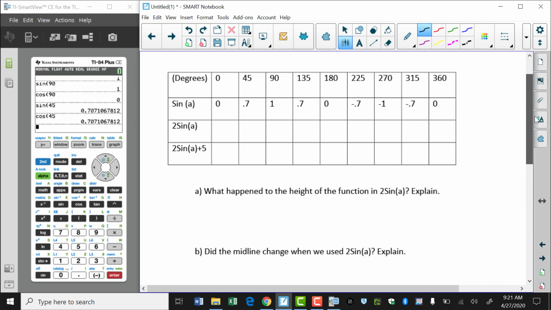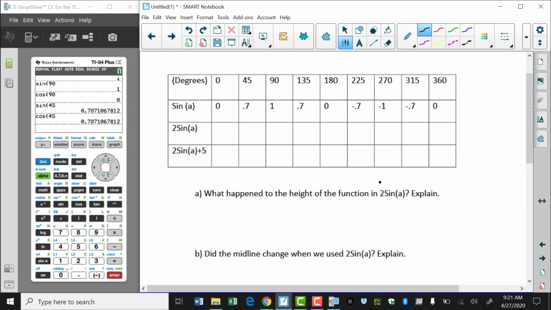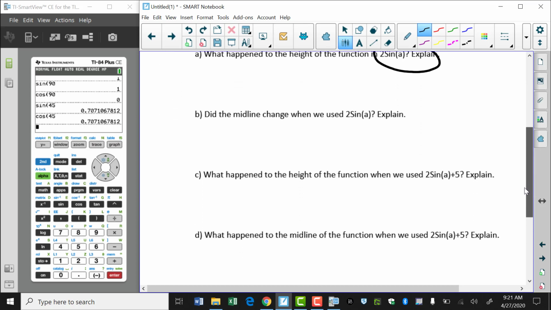And here you just have some questions, which is what happens to the height when you do this? Well, when you multiply it by 2, the height of this function is going to double. What's going to happen here? Well, it's going to double in height, plus you're going to be moving it up 5. So these rules apply to both sine and cosine.